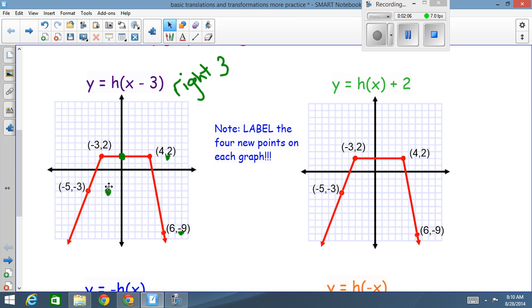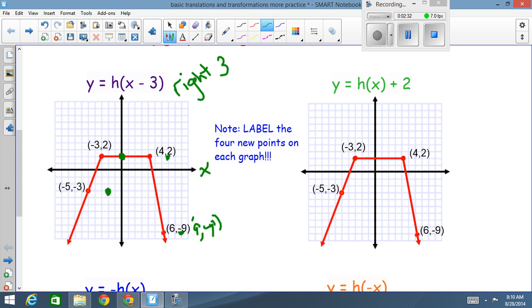Now I also want to label these new points. Okay? So essentially when you think about moving left and right, you're moving on the x-axis. So since we're moving on the x-axis, then we are moving the x value to the right 3. So this point down here, bottom right, if I just add 3 to the x value, notice this becomes the point 9, negative 9.